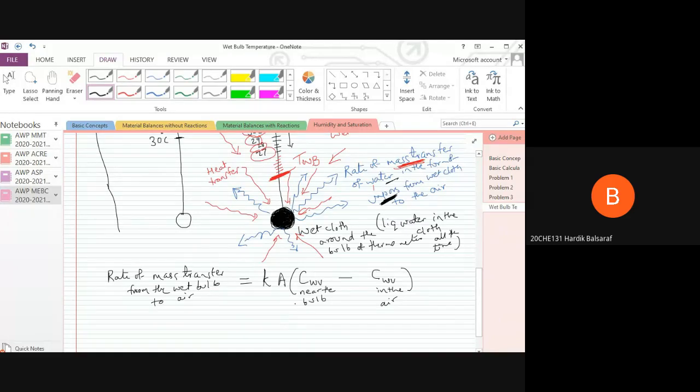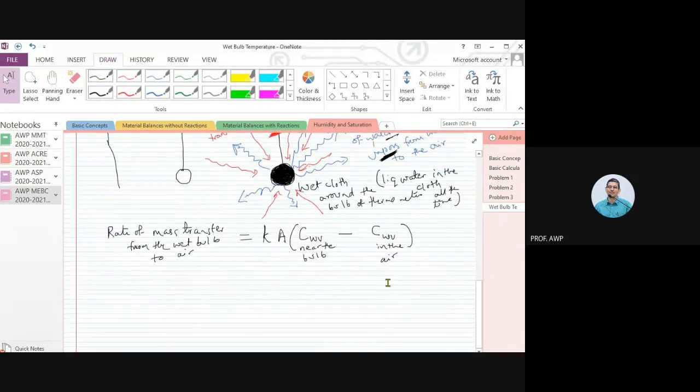Now, if this is the rate of mass transfer, how much heat is required? The rate of heat required for the evaporation purposes, meaning mass transfer of water, is Ka times C water vapor near bulb minus C water vapor in air.